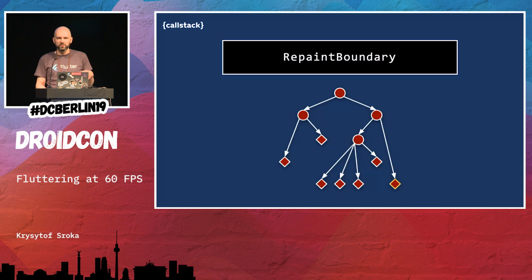Unfortunately, by default, when we do a change like this in a leaf node, it will actually try to propagate up to the parent, that is a repaint boundary, possibly up to the root of your application, and then when it finds this ancestor in your tree, it's going to propagate everything down.